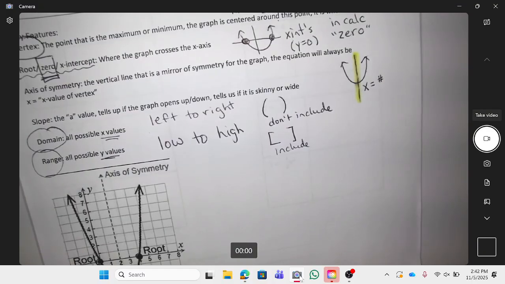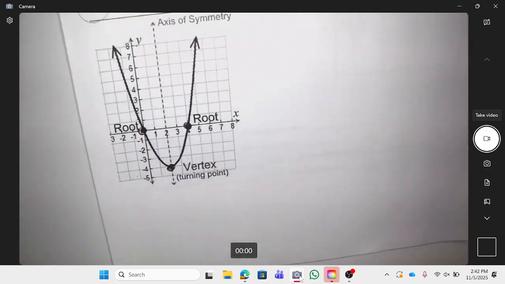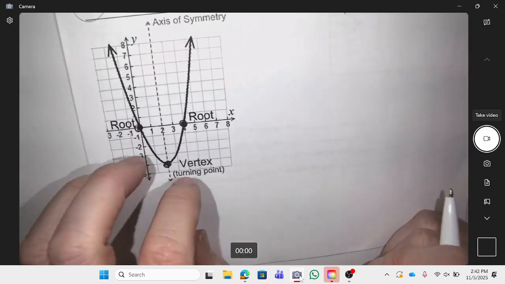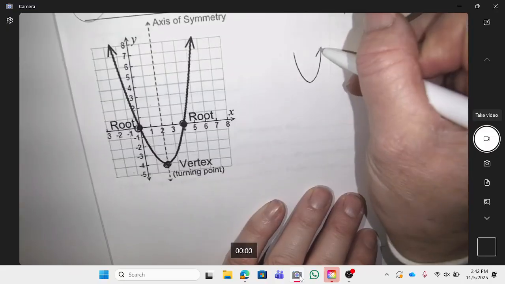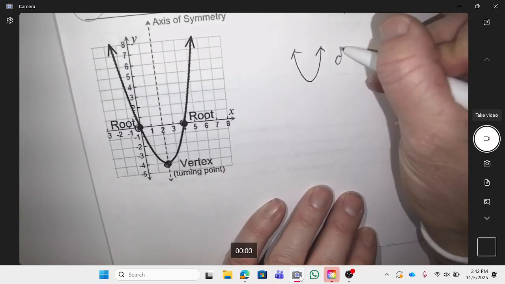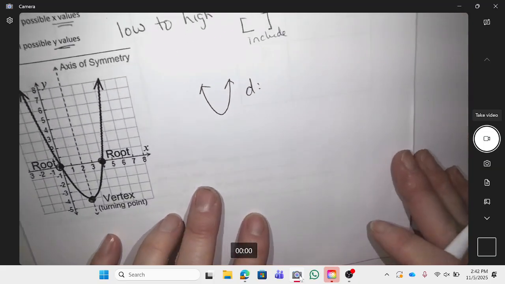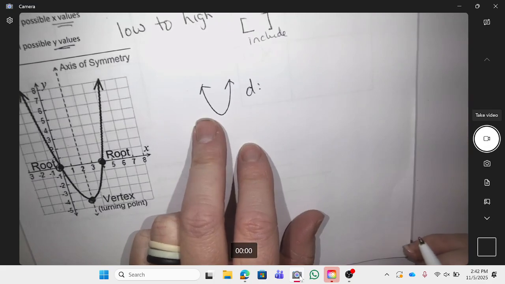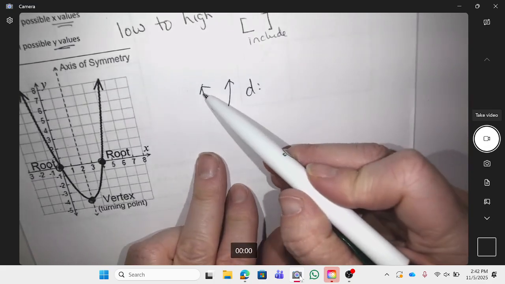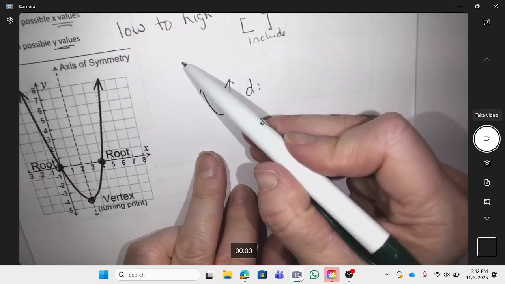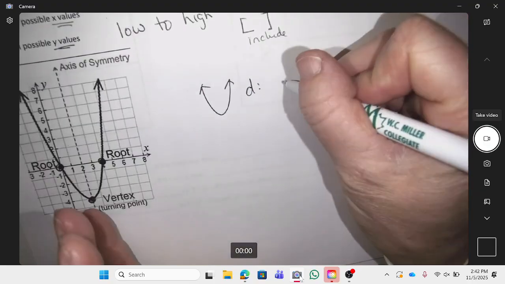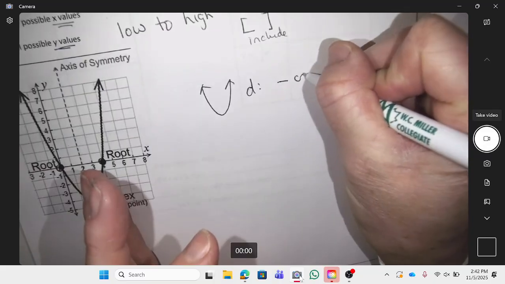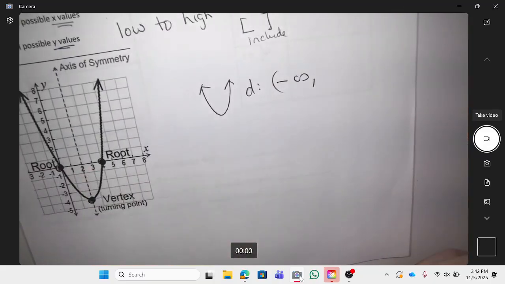Okay, so there is kind of a sample of a quadratic. Okay, so let's talk about the domain. How far left does this graph travel? Infinitely left. So I'm going to go negative infinity because it reaches more and more negative numbers.